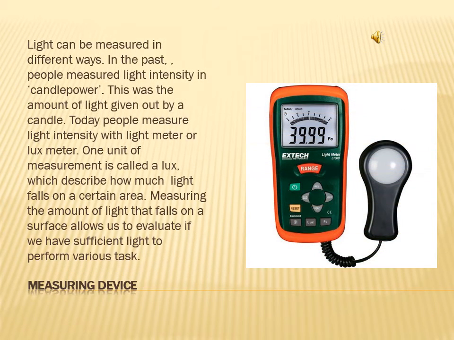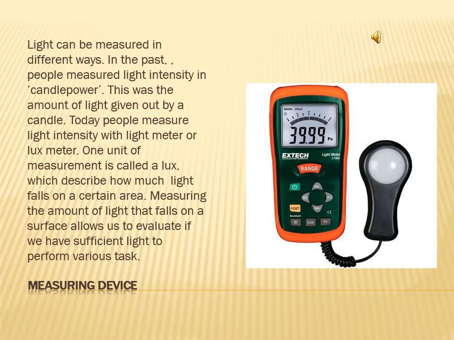Measuring device. Light can be measured in different ways. In the past, people measured light intensity in candle power. This was the amount of light given out by a candle. Today, people measure light intensity with a light meter or lux meter.